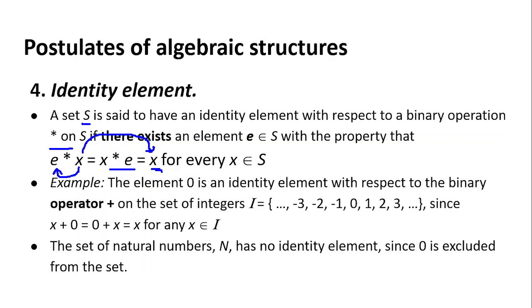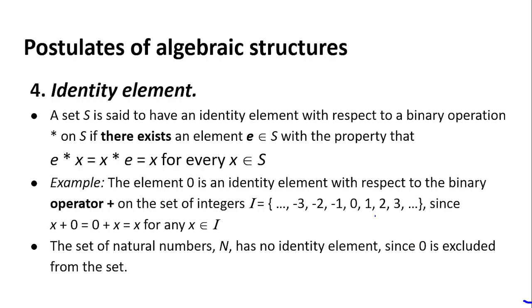Now let's look at a real life scenario. Suppose you have the set of integers. Integers you know very well, they contain positive and negative numbers. Who is the identity? In terms of integers, the identity is 0 with respect to the plus operator. For example, take any element.